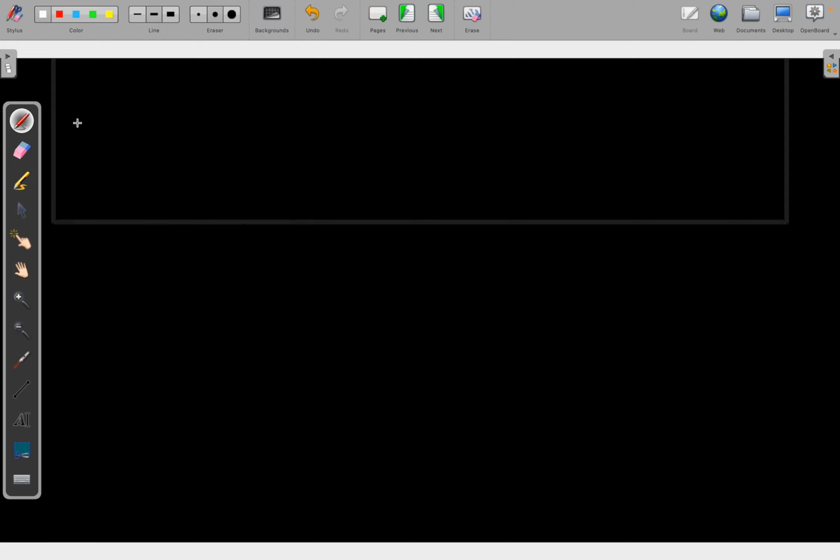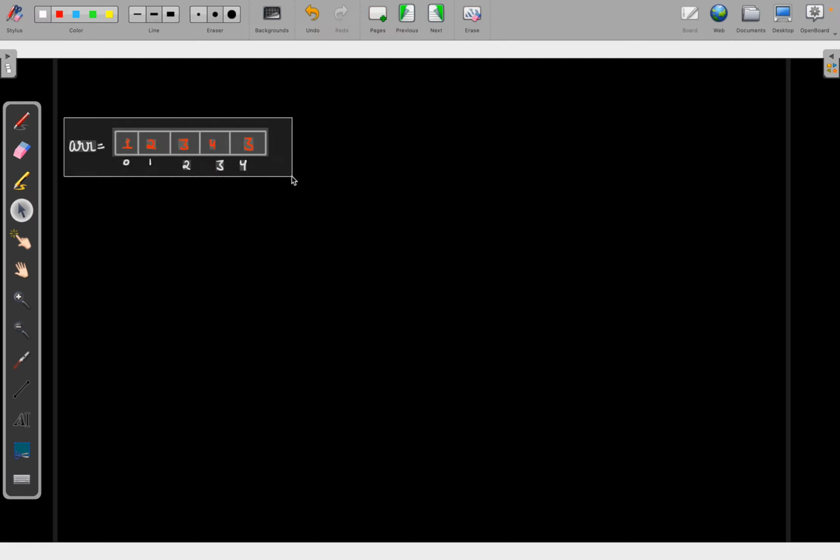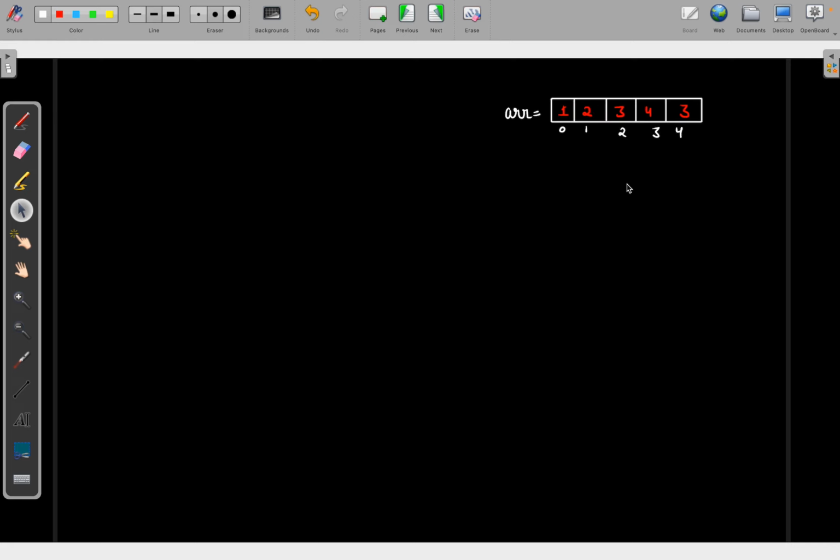So how will we solve this problem? This is my array and I just need to find the next greater element. The very basic approach, the brute force for this problem statement, we say as approach 1, that is simple brute force.